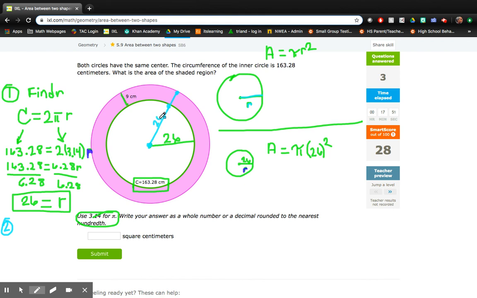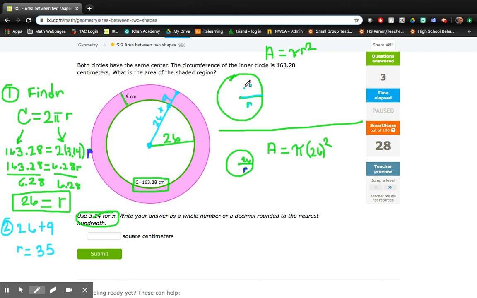And I know that the distance from the edge of the circle to the edge of the circle is 9, right? The edge of the little circle to the edge of the big circle is 9. So I can actually just add together the little radius plus the given. So I can just say 26 plus 9 and get that the radius of my bigger circle is 35.